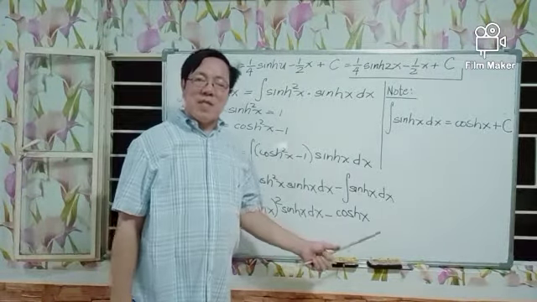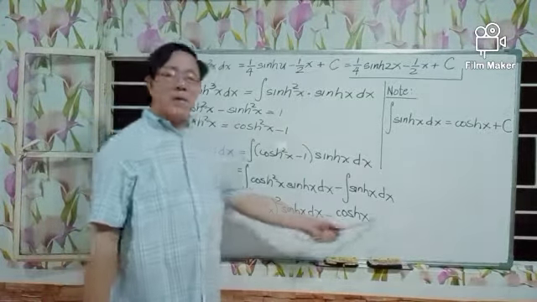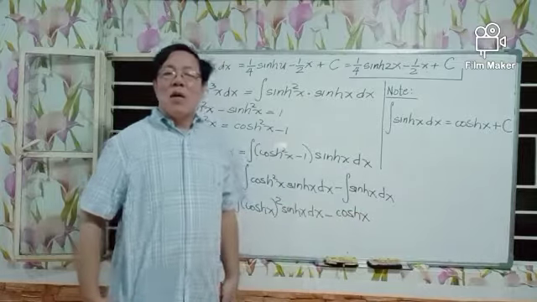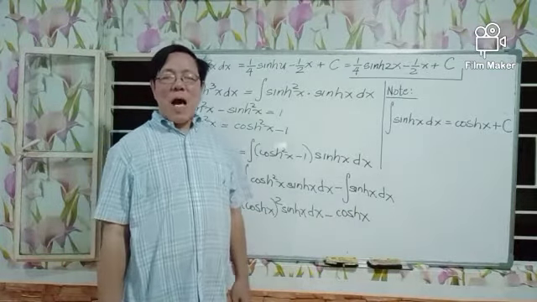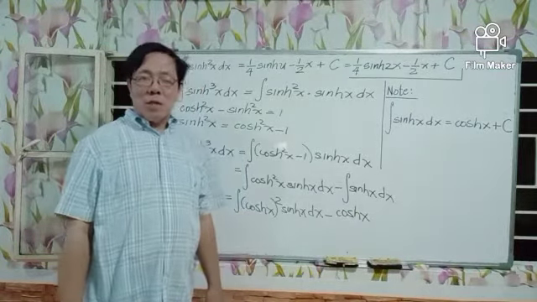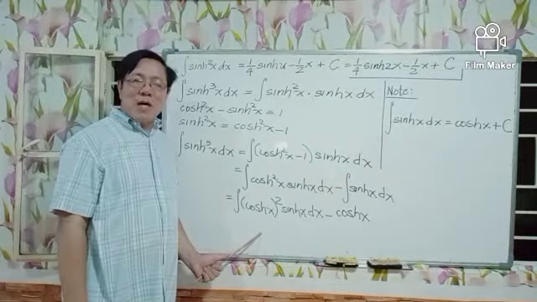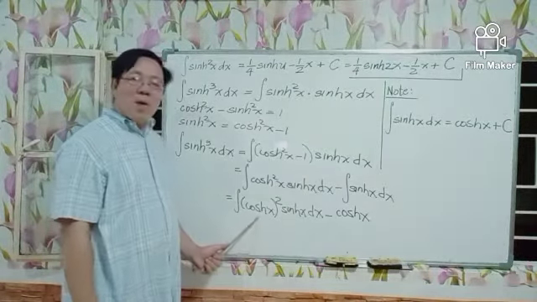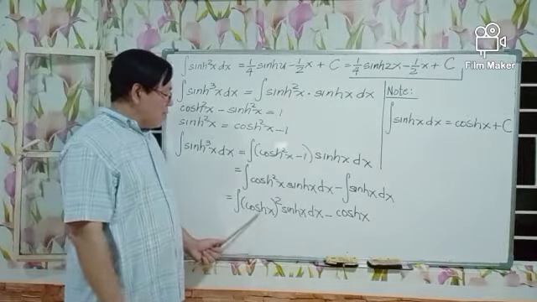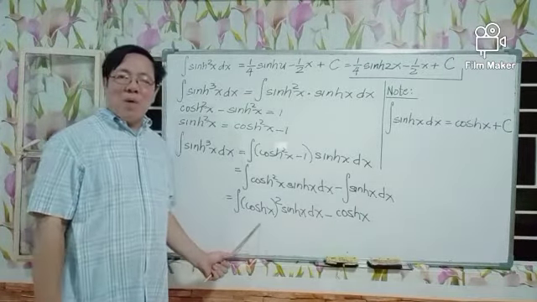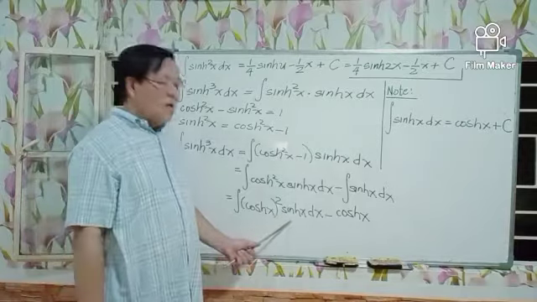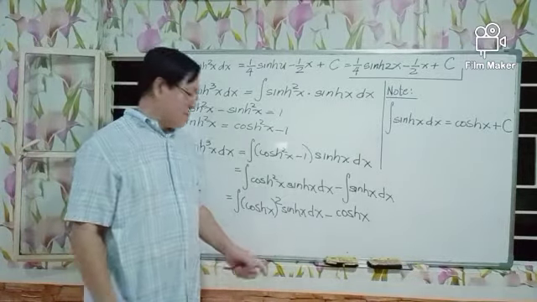And we first integrate the first term before we write the constant of integration. We write the constant of integration after we have integrated all the terms. For the first term, for this integral, we let u equals hyperbolic cosine of x. Because the derivative of the hyperbolic cosine of x is hyperbolic sine of x.